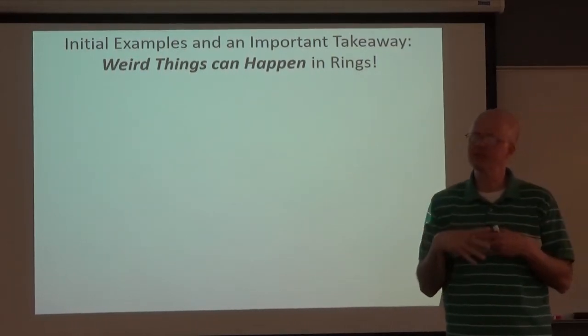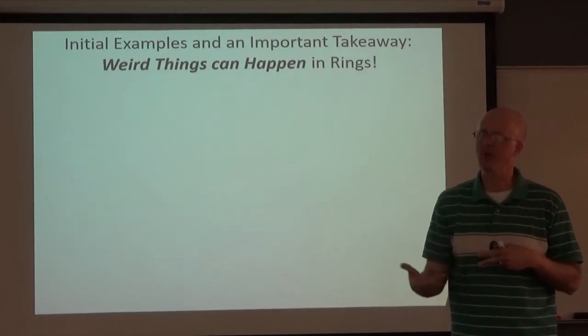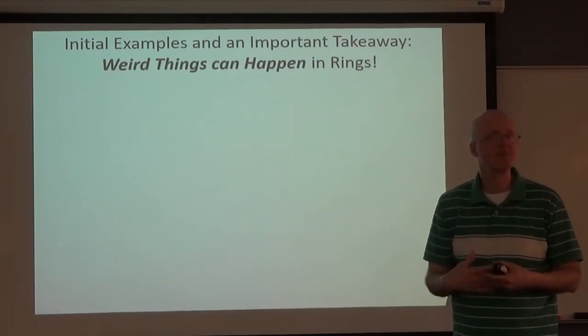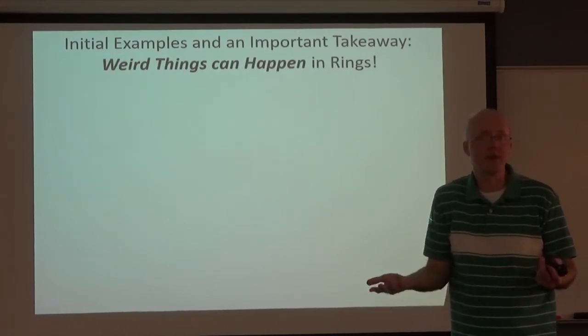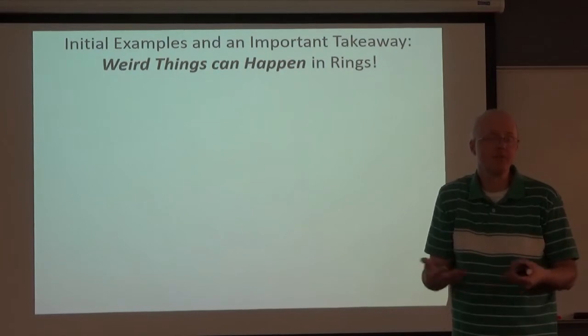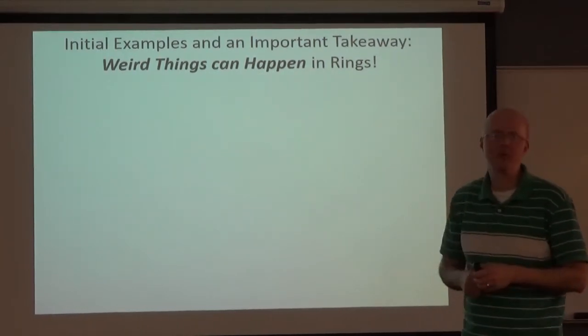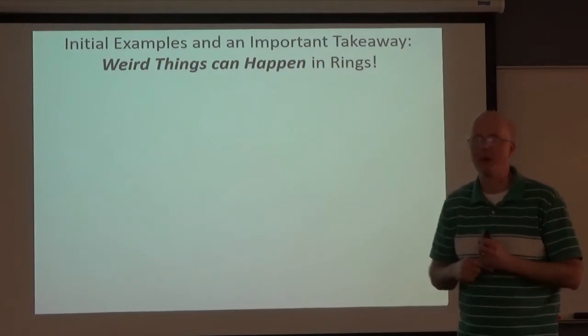If we restrict the definition a little bit more, if we add more conditions so the ring is more special, like commutative, or maybe like the fact that every non-zero element has a multiplicative inverse, is a unit, then that restricts what can happen, and then weird things don't happen so much, at least.